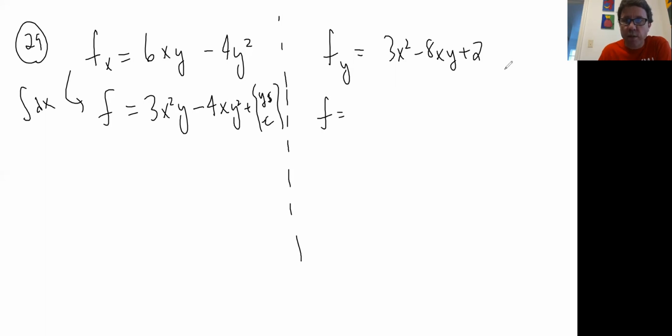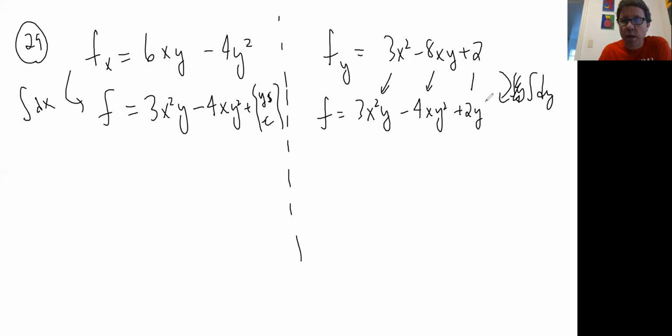Over here, if I did a y integral, this should be 3x squared y, that one. This one should be minus 4xy squared. Yeah, that looks good. And then this one would be 2y. Then we're going to have some x terms and some plus c terms. And then we just have to put these two things together.